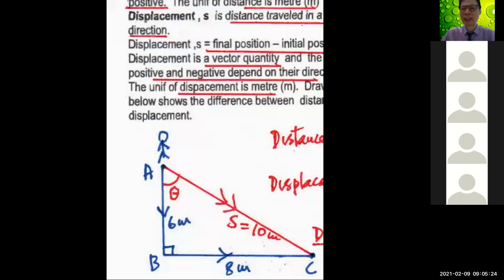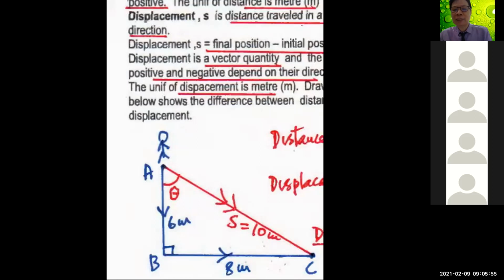Good try, very good try. Marcus said distance is 10, then distance 8 towards C. Why are there two answers for distance? I am a little confused by Marcus's answer, I don't know which is distance and which is displacement.